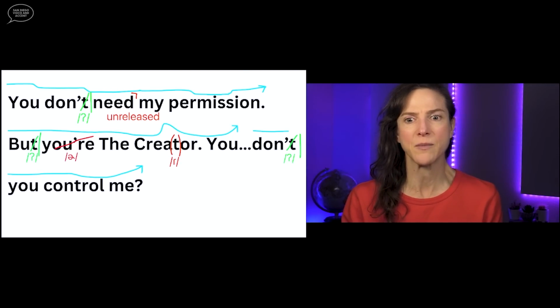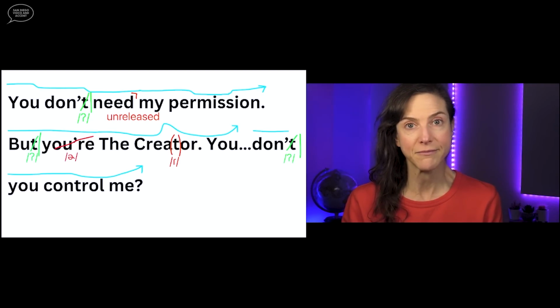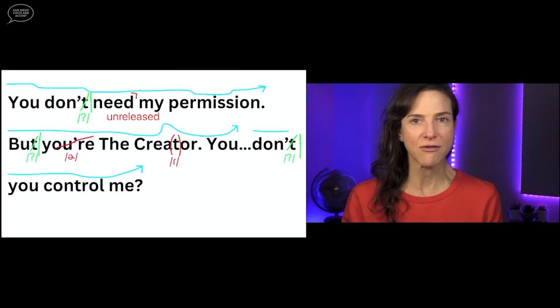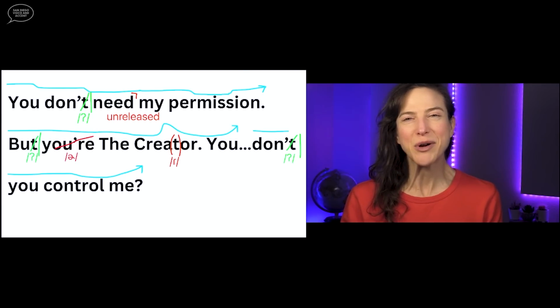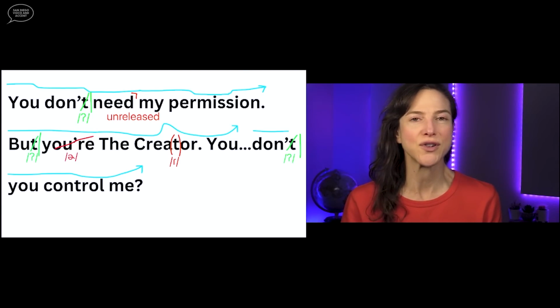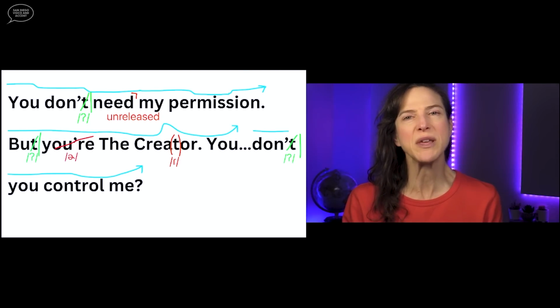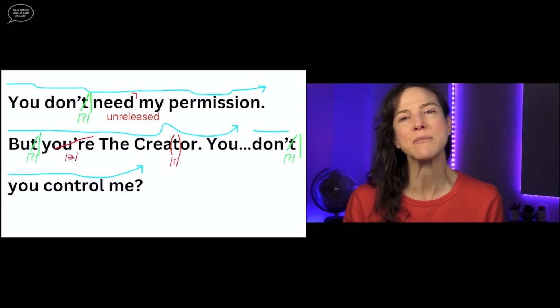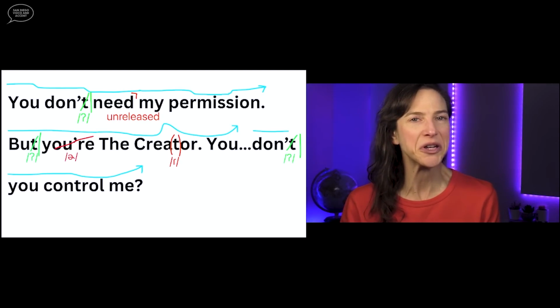Because Barbie sees her as someone in authority. She's the creator, and the creator must have all the authority, right? But really, Barbie's the one that can make the decision for herself, and that's what the creator wants her to know. So she's being very gentle here. "You don't need my permission." I think that's a sweet way of making Barbie feel good.